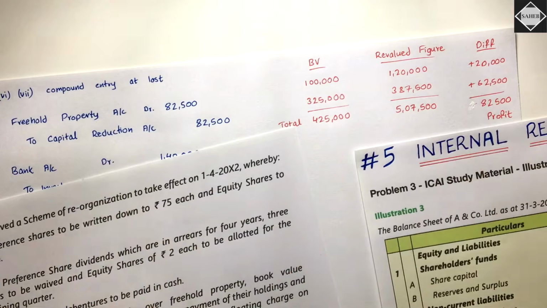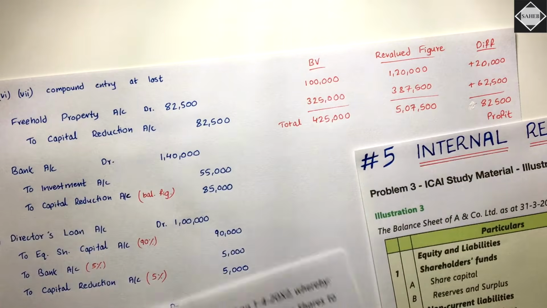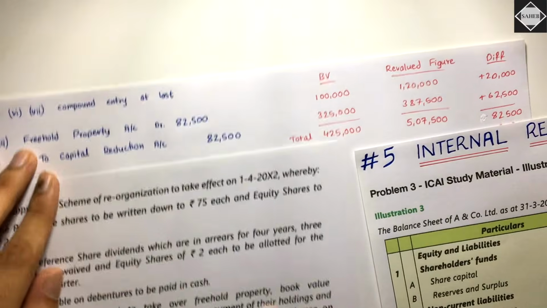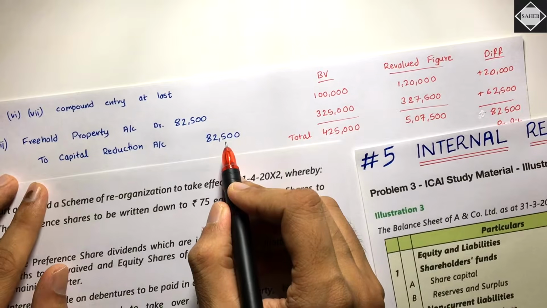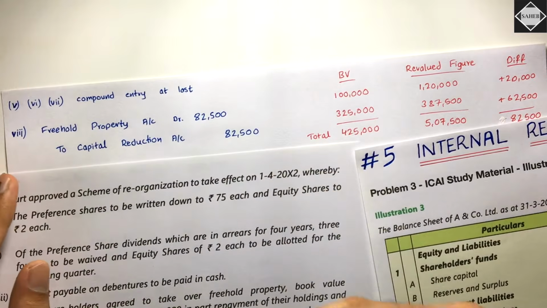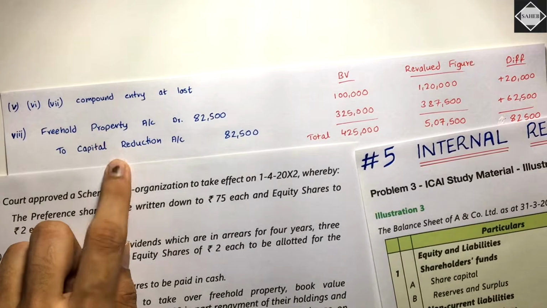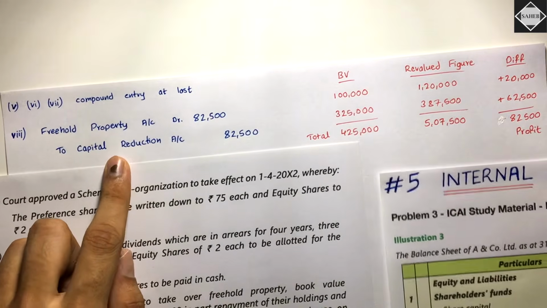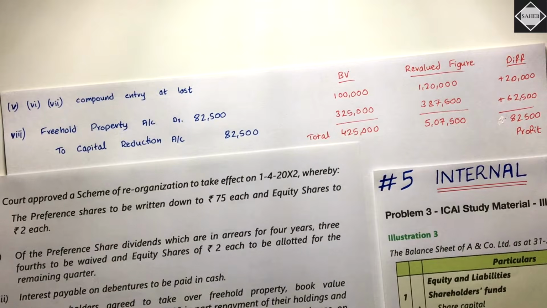Whenever there is a gain, we credit capital reduction, right? So that's what we are going to do. See here, freehold property account debit to capital reduction account, 82,500. Simple as that. Freehold property increased by 82,500, and the gain went to capital reduction account. Fine, I hope you have understood. It's really simple. Okay, fine.